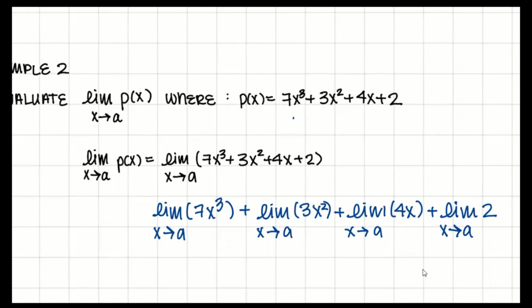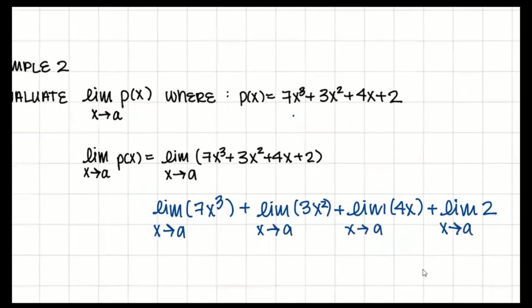And each one of these terms has a constant times it, or it's being raised to a power. So we can go ahead and simplify this a little bit more.